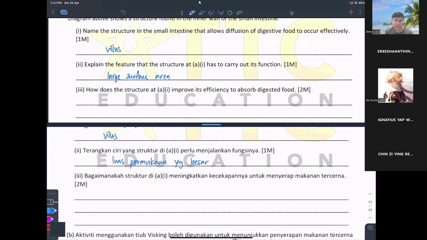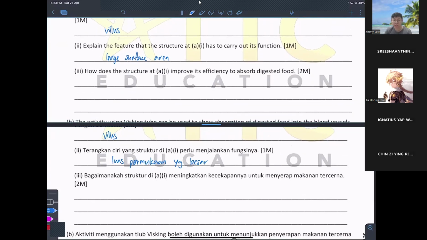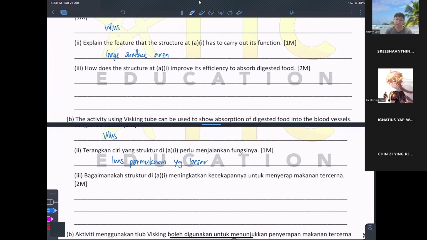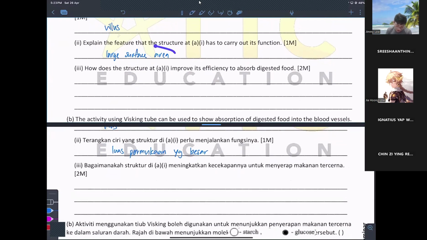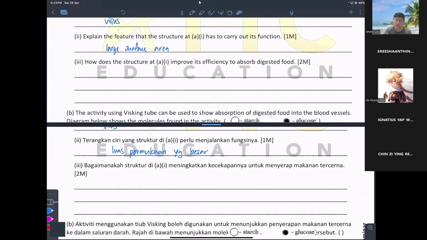Just write this way. So how does the feature improve its efficiency to absorb digested food? You can say, with the large surface area, it is able to help us absorb more nutrition into our body. That's all. Large surface area allows us to absorb more nutrition into our body.